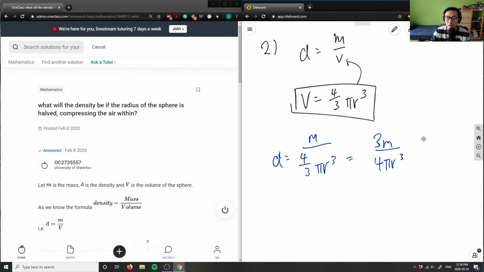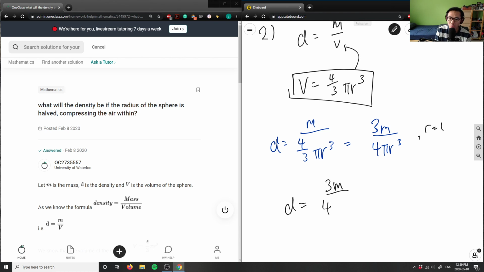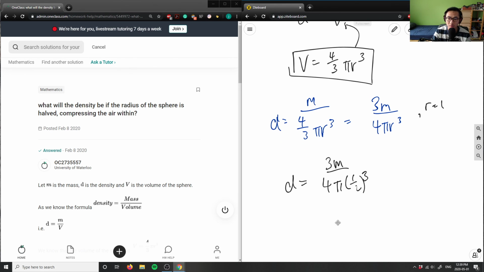So assuming that our radius r equals 1, what if it was halved? I would get something like this: D would equal 3m over 4 pi, and r would be half, cubed. We can rearrange this to see how it differs from our original equation.